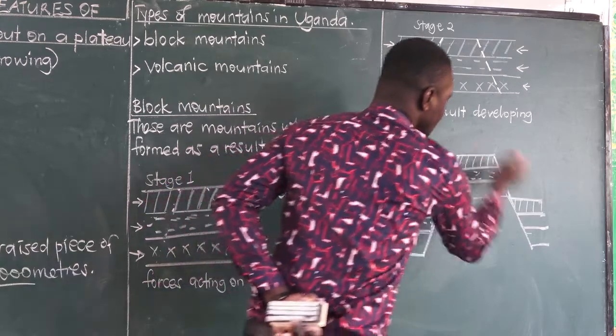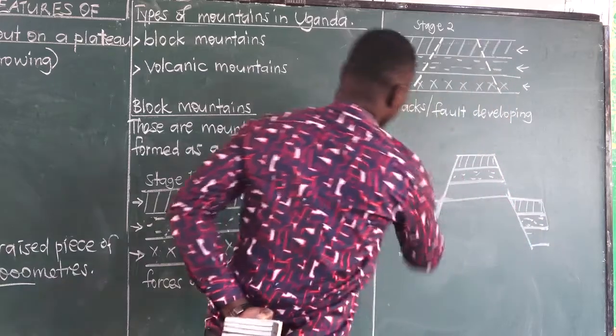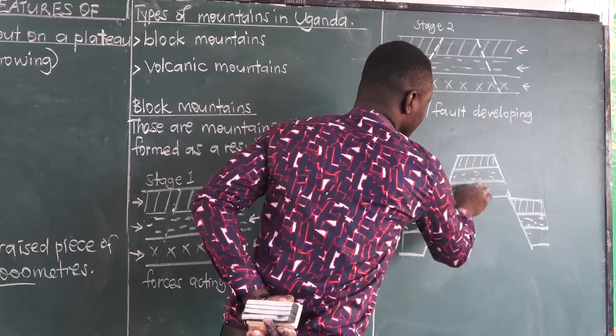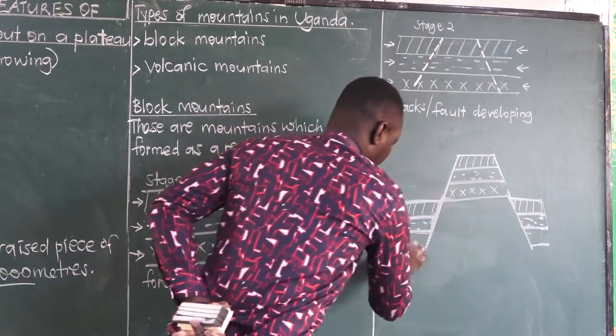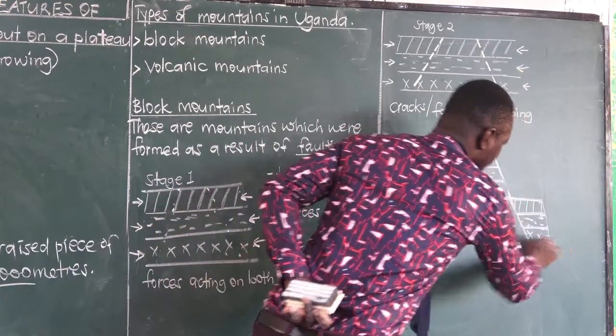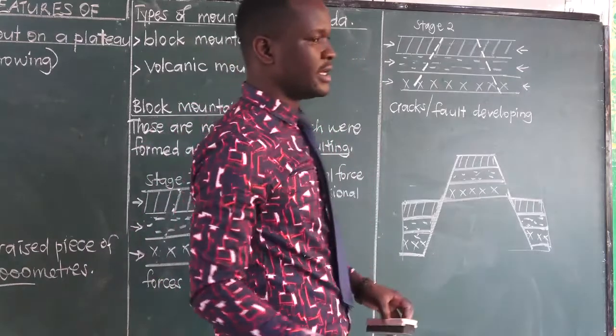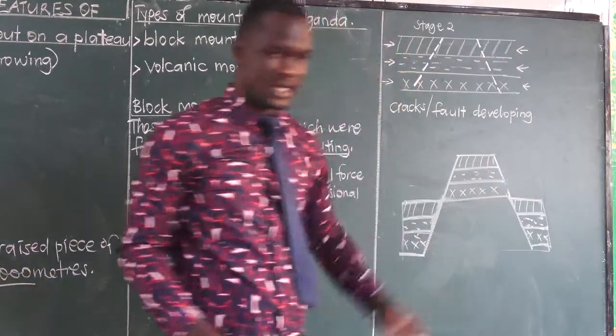Remember the other one has been pushed up. So that layer is here of the earth. And then the last one, we had it shaded like this. So that one is this layer here, which has also remained down here. At the end of it all, we are going to have our mountain illustrated like this.